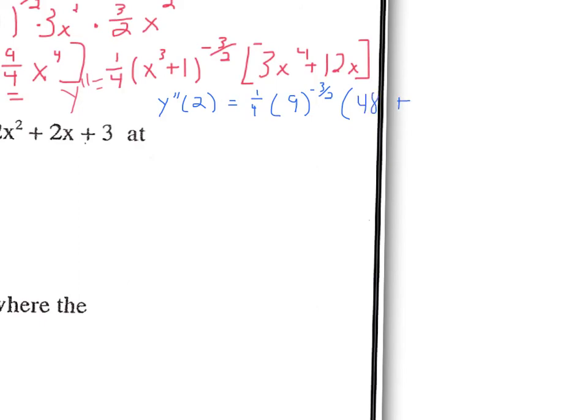And then 2 times 12 is 24. So if we do 9 to the negative 3/2, it would be the square root of 9, which is 3, raised to the third is 27, but since it's a negative exponent, it will be 1 over 27. And then that is still times 48 plus 24, which is 72.